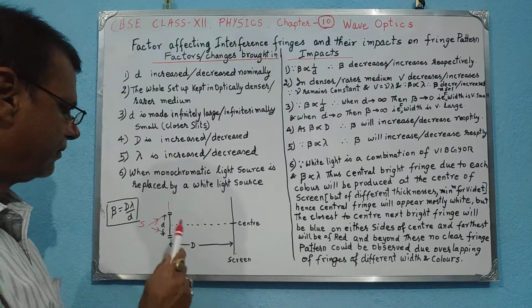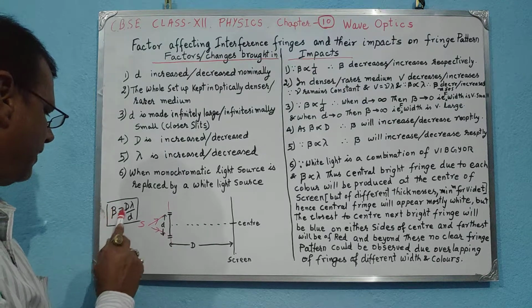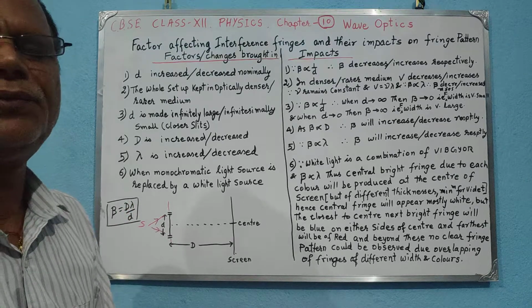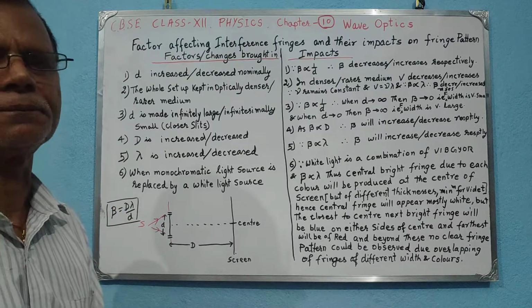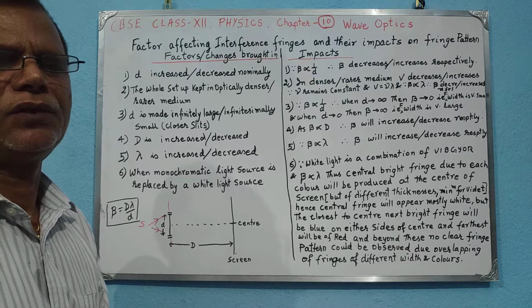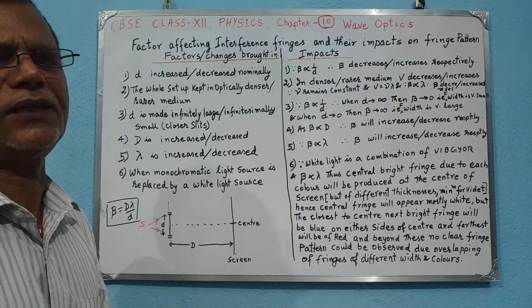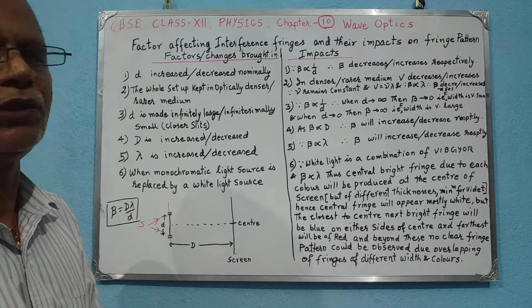Now, we have also derived the relation for the fringe width: beta equals capital D lambda by d. I will give you a clue how to keep this formula in your memory. You see, we have two d's, so it is always a matter of confusion which D is in the numerator and which is in the denominator.